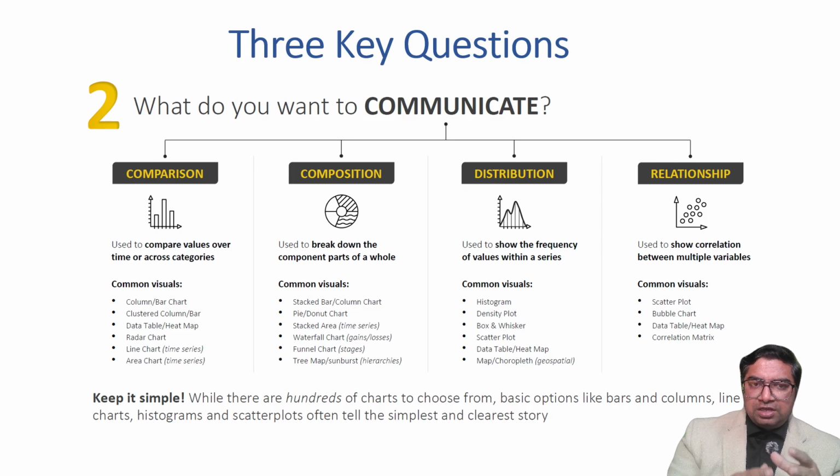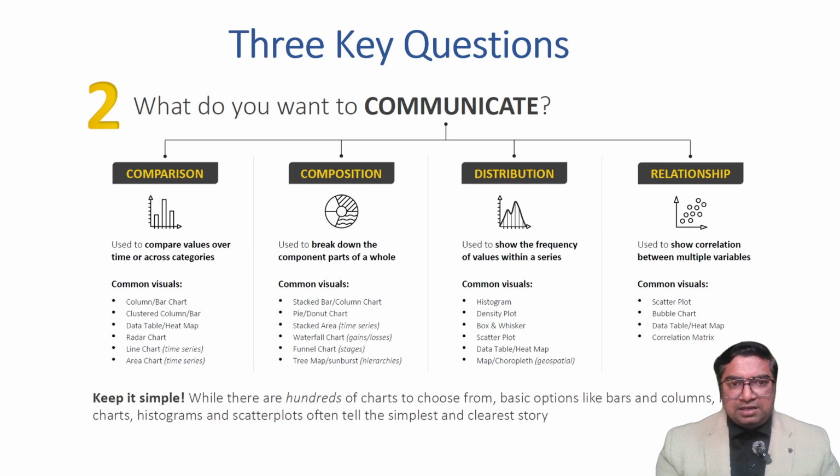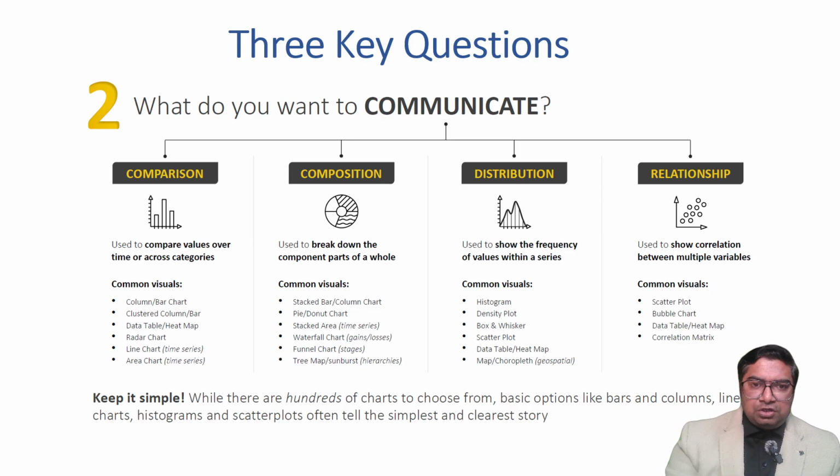If the data is composition data, you can make a column chart, donut chart, stacked chart, waterfall chart, funnel chart, or a treemap. So there are lots of visuals you can make depending on your data.